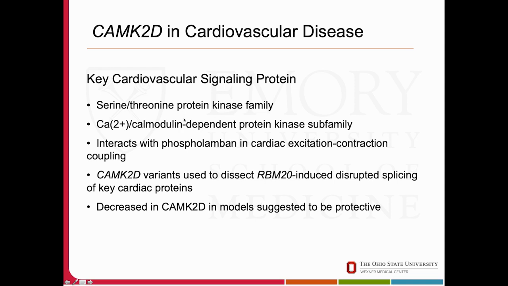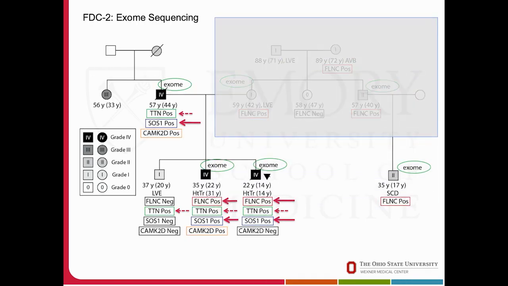It's in the serine-threonine protein kinase family, and it interacts with phospholamban, of course, the key calcium-handling protein for cardiac excitation-contraction coupling. It's actually been extensively used to dissect RBM20-induced disruptive splicing of key proteins, and there are models suggesting that if you decrease CAMK2D, it is protective. So there's really excellent animal data to suggest this could be an operative mechanism.